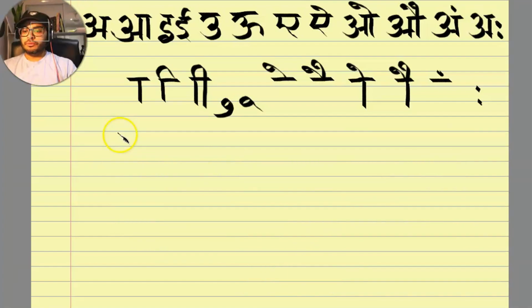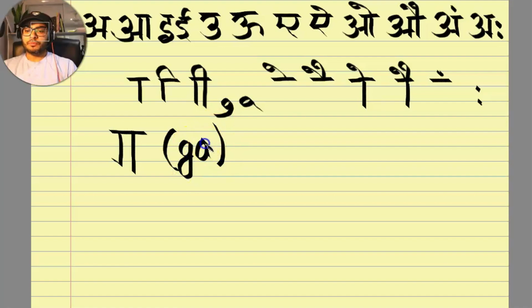The next sound is Ga. Okay, you have a vertical line, a little line on this angle, and then another vertical line. The IAST for this would be G and A. A similar sound in English would be something like get.